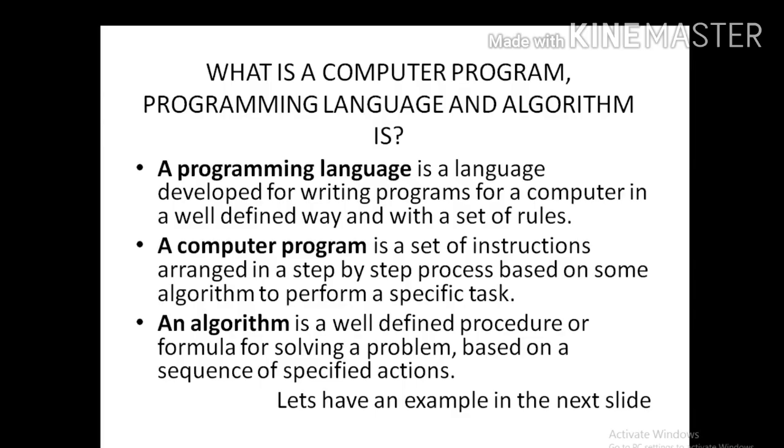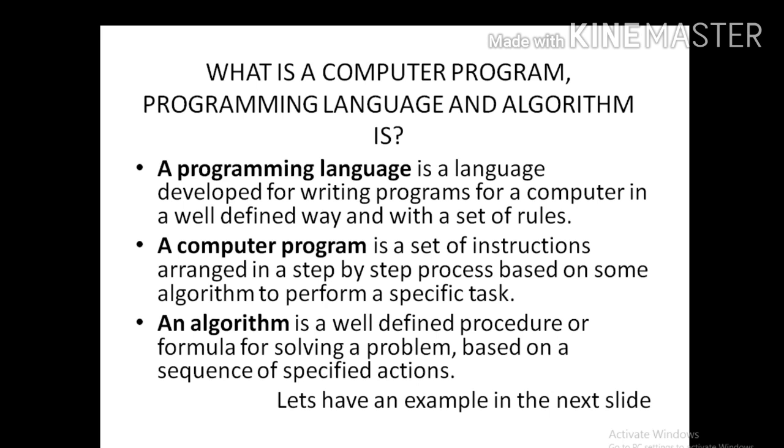In this current slide, we will learn what is computer programming language and algorithm. First, we will discuss a programming language. Whenever we are going to write any program in a computer, it should follow the language which the computer can understand.